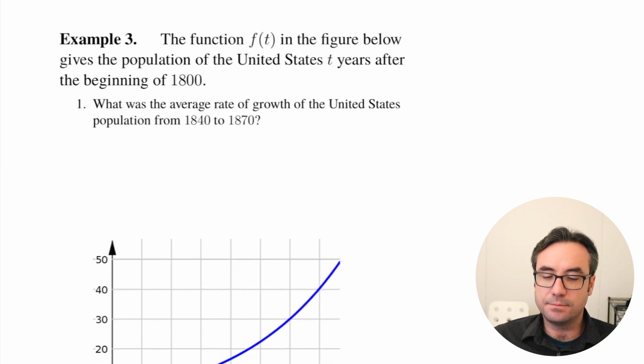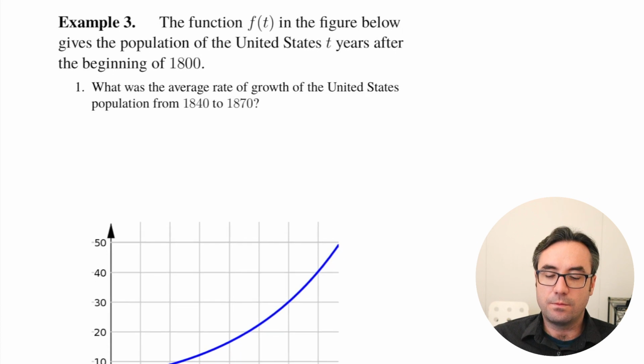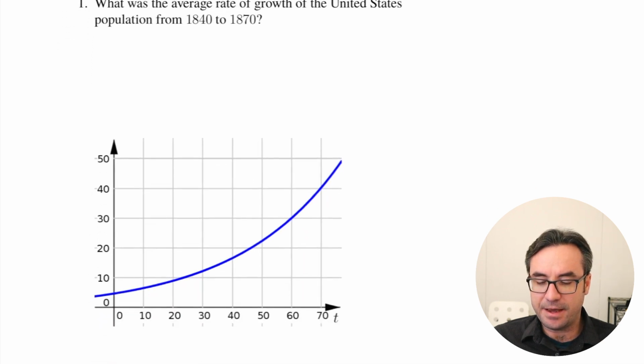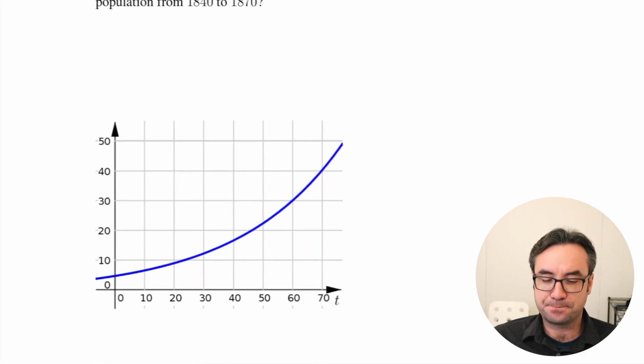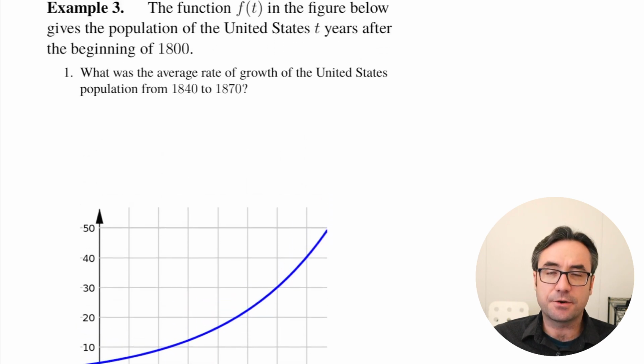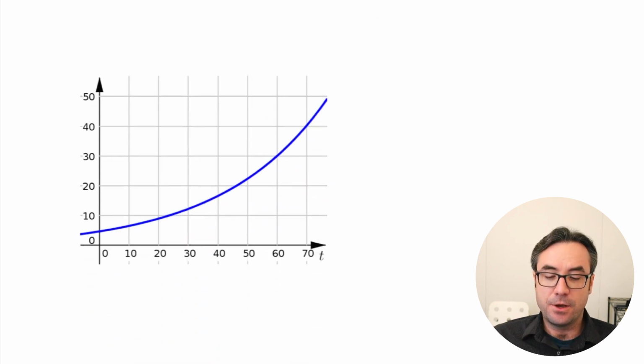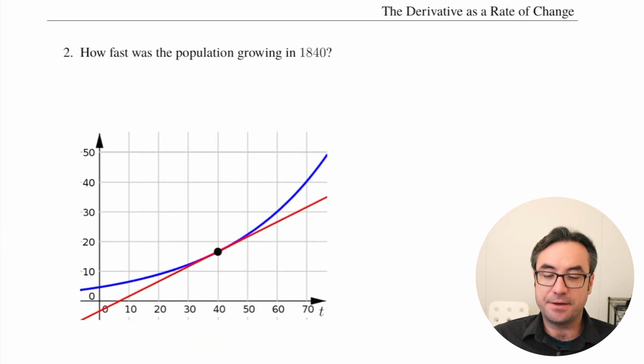And so we're going to see in example 3 here, and I think we'll save this one for class, that we have a function, and we're going to calculate the average rate of change and the instantaneous rate of change.